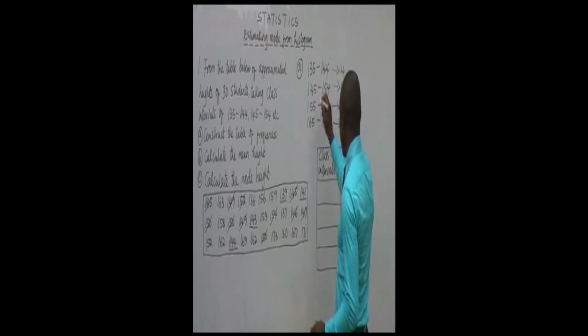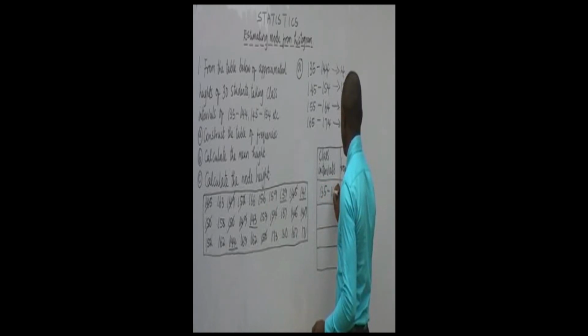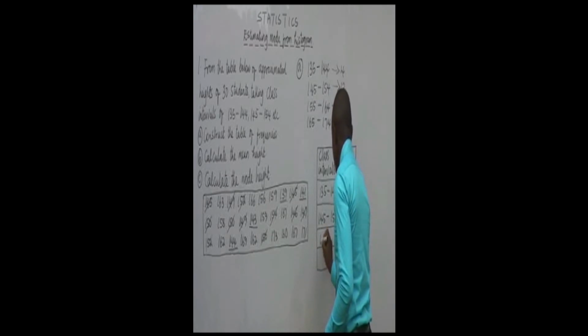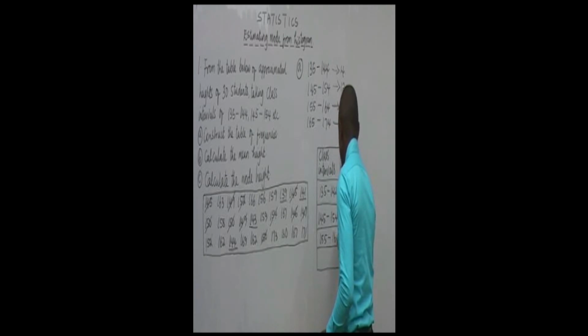The first class interval is 135 to 144. Second is 145 to 154, sorry. The third is 155 to 164.